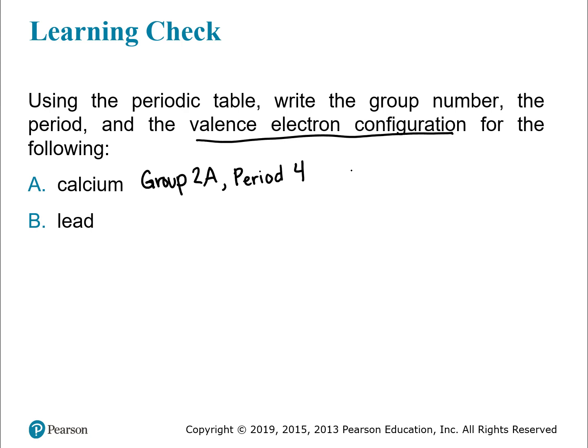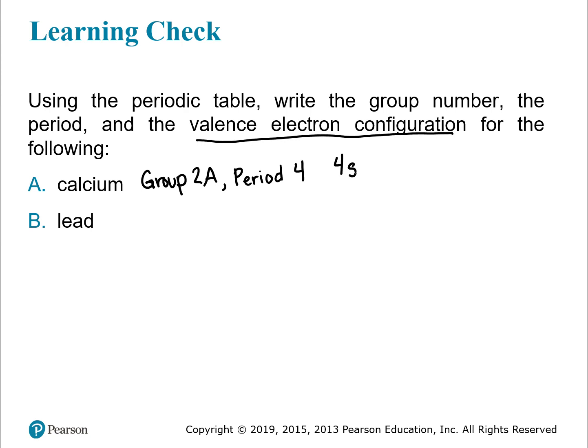So that means that it's going to be filling its S orbitals, and it means that the 4s electrons are the valence electrons. If we were talking about potassium or sodium, those are also in the S block, and their valence electrons would be in the S sublevel.